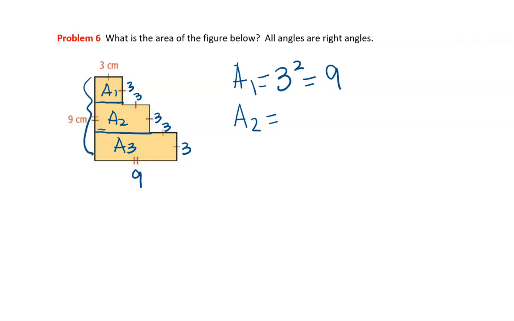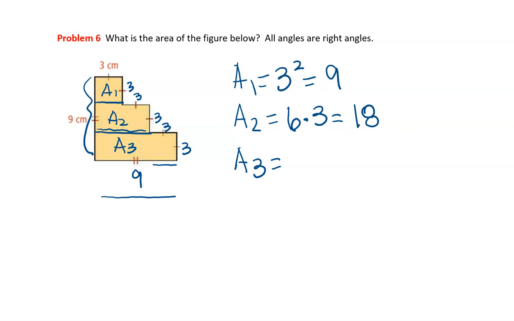We need to know how much is this right here. If it's 9 all the way across the bottom, and this much right here is 3, the bottom side of area 2 would be 6. The height would be 3. So we would get a total area of section 2 to be 18.